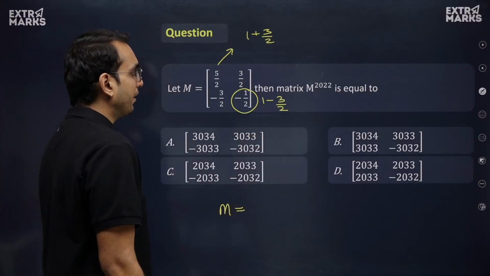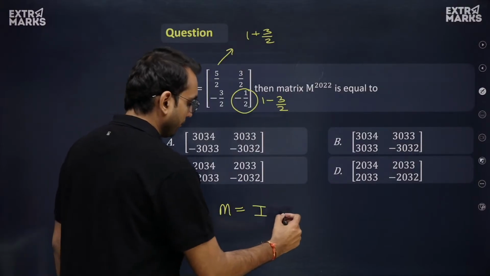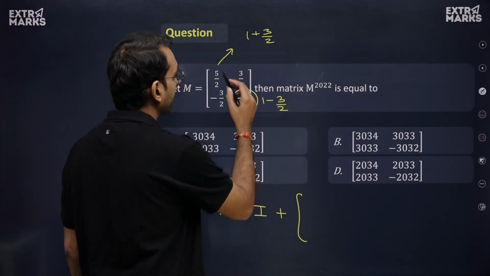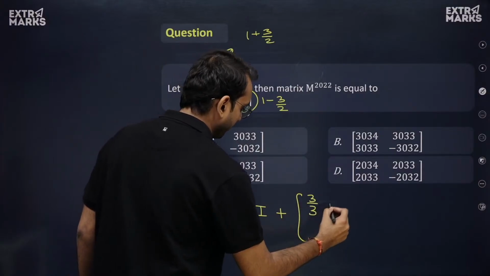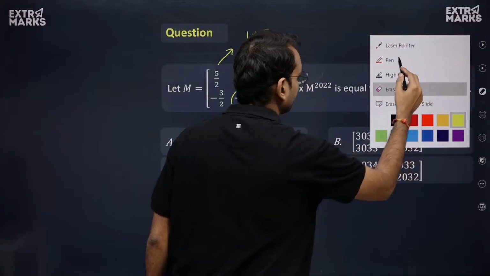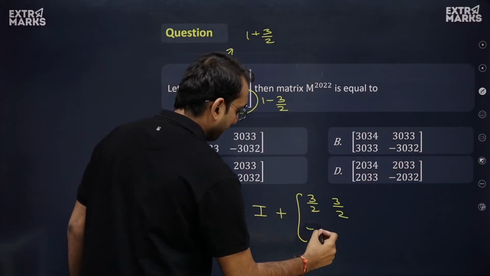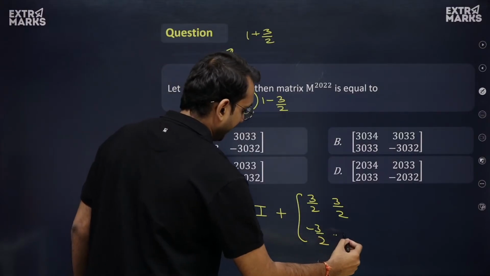So what will it become? It will become I plus, see, 3 by 2, 3 by 2, minus 3 by 2 and minus 3 by 2.